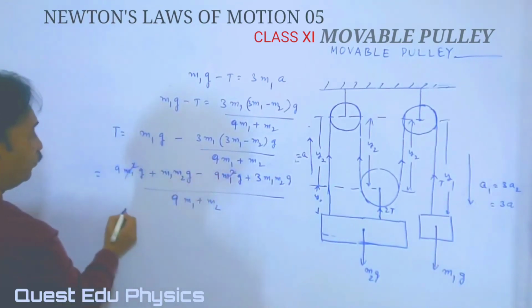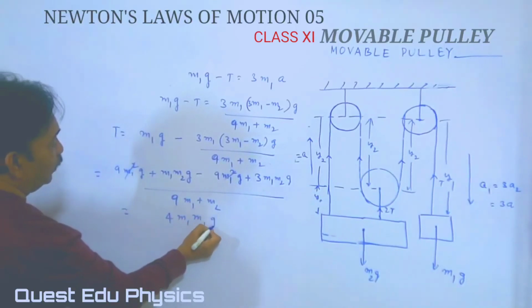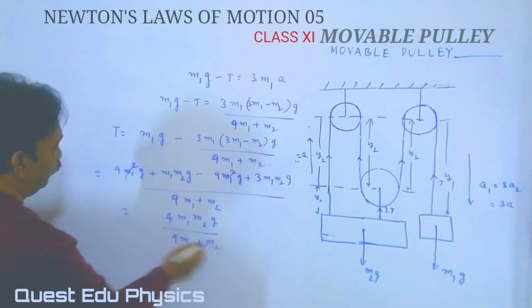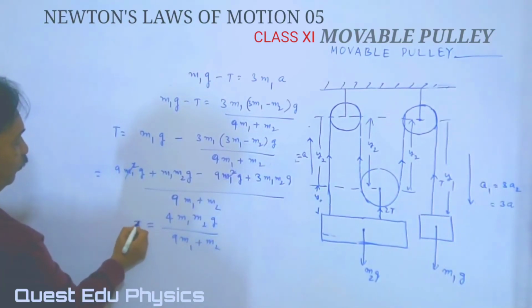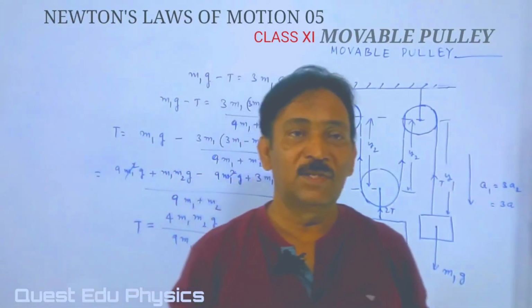These terms get cancelled. We get it as 4m1m2g by 9m1 plus m2. In this way, you can calculate the tension in the string, students.